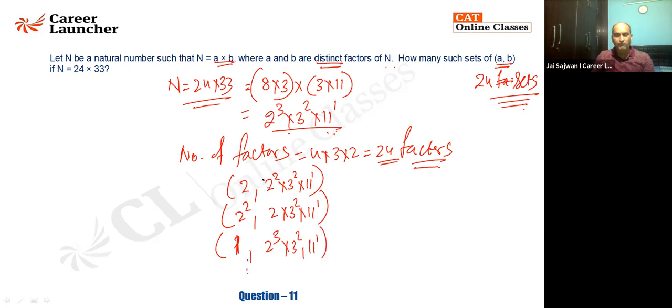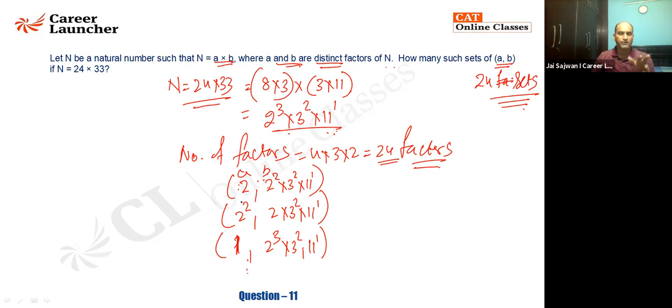Now these will be further reversed. ये सारे reverse भी होंगे. क्यों होंगे reverse? Because it is saying A and B. A and B are distinct factors of n. So distinct तो हमेशा होंगे. So this is A now, this is B now. So when you reverse them, you will also get it in a similar way. That's why I said there are 24 factors. You are not going to halve it. You are not going to say 12.